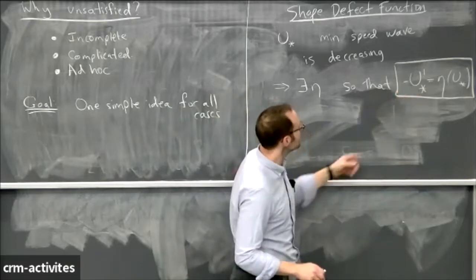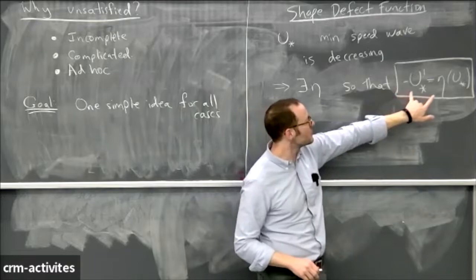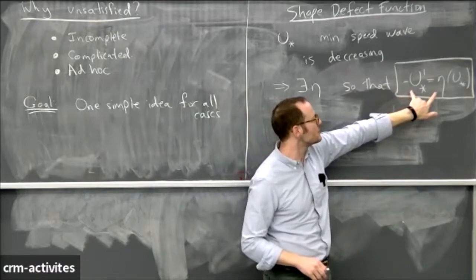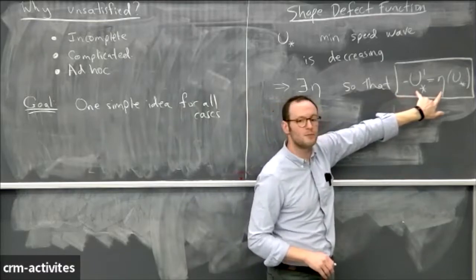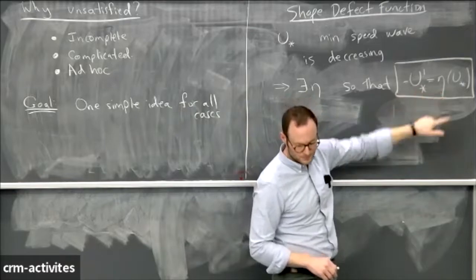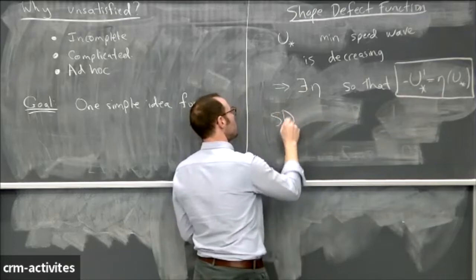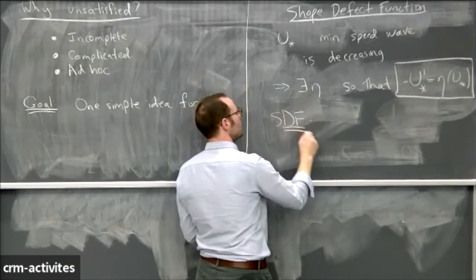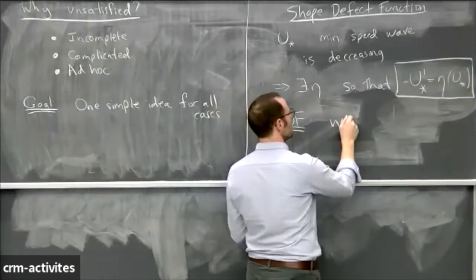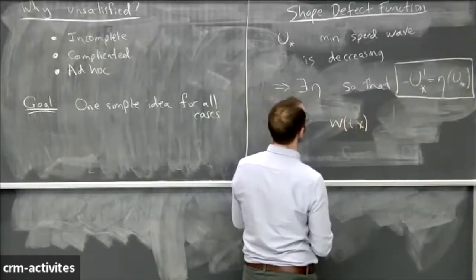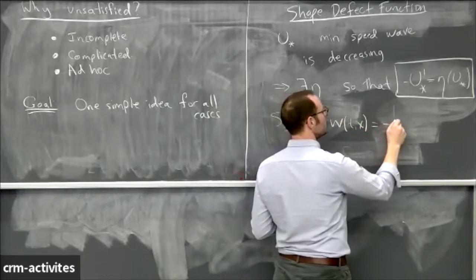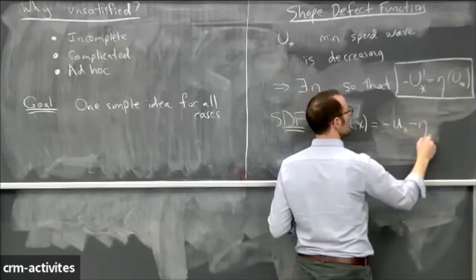This quantifies how steep u is, and that's the reason why we started looking at it. So now what we call the shape defect function is going to be this function w coming from the solution to our PDE, which is minus ux minus eta of u.